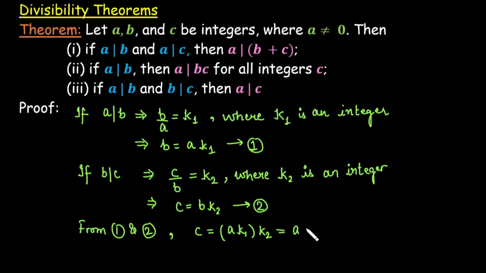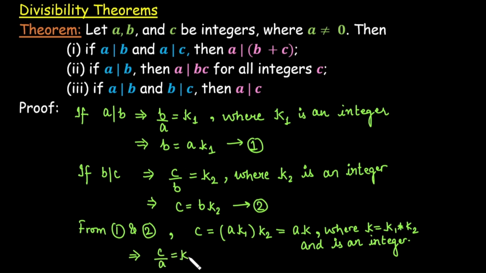We can write A into K, where K is equal to K1 into K2, and that is an integer. This implies C by A is equal to K. So as per the definition, A divides C. So this completes the proof of the third statement.